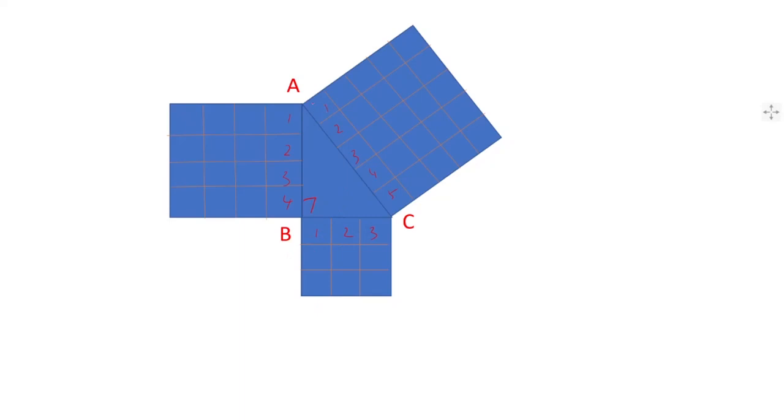To check, we make the squares: 5 square is equal to 25, 3 square is equal to 9, and 4 square is equal to 16. Correct? 16 plus 9 is equal to 25. That means 4 square plus 3 square is equal to 5 square.